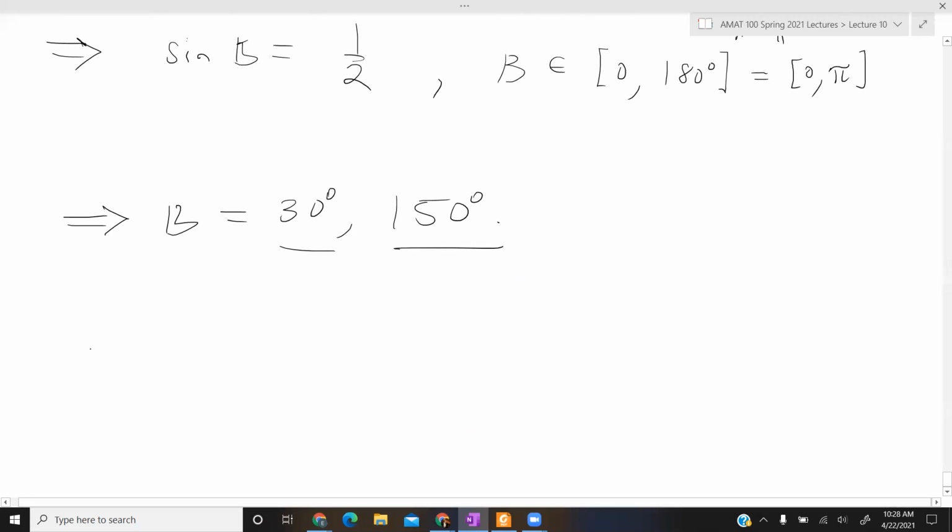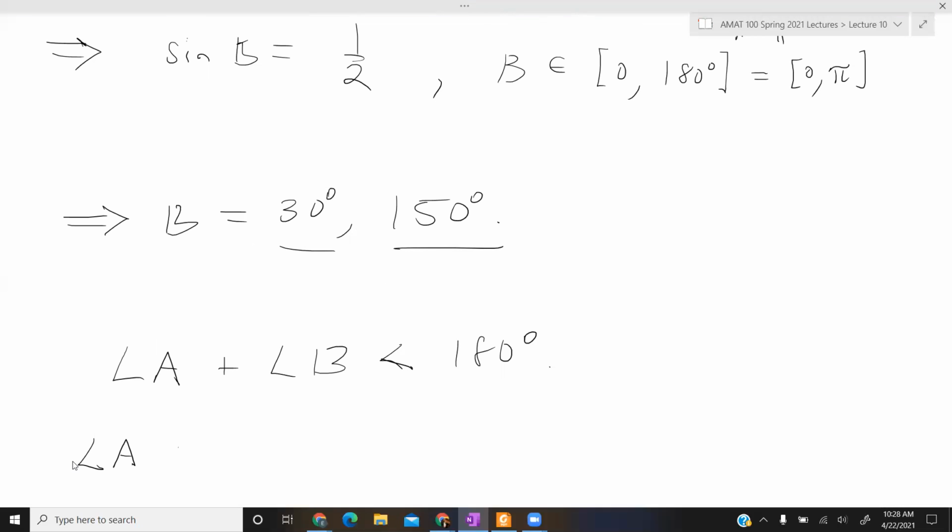We know that this must be true at least, right? The sum of the two angles is less than 180 degrees, right? It has to be less than 180 degrees because the sum of the three angles has to be equal to 180 degrees. So we want to actually rule out one of these angles.